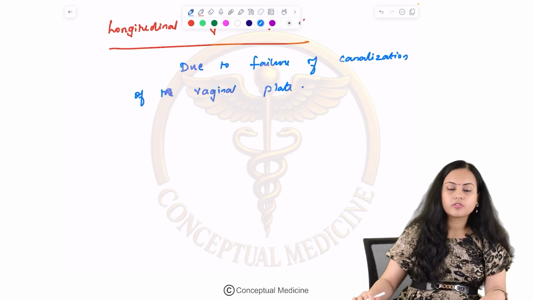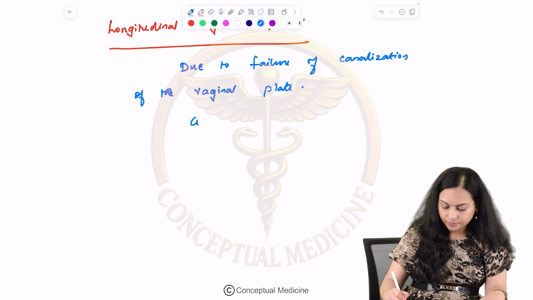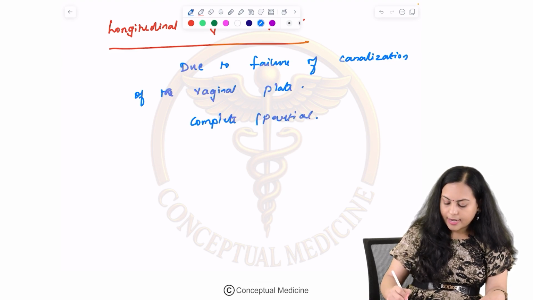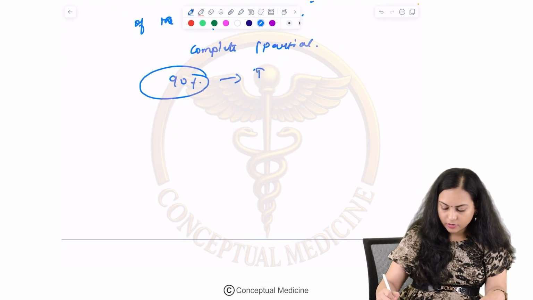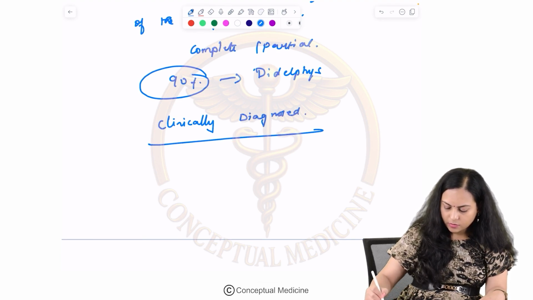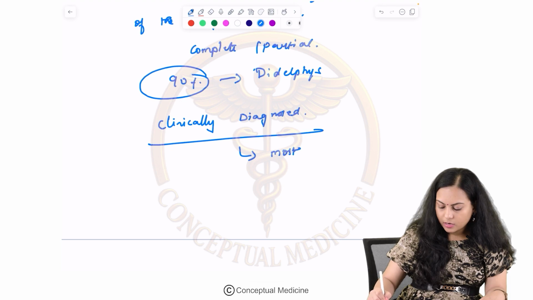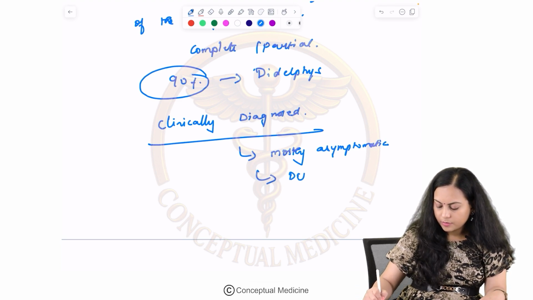So, this can be complete or partial, and 90% of longitudinal vaginal septum is associated with other uterine anomalies like uterine didelphys, and this is clinically diagnosed mostly because most of the patients are asymptomatic.